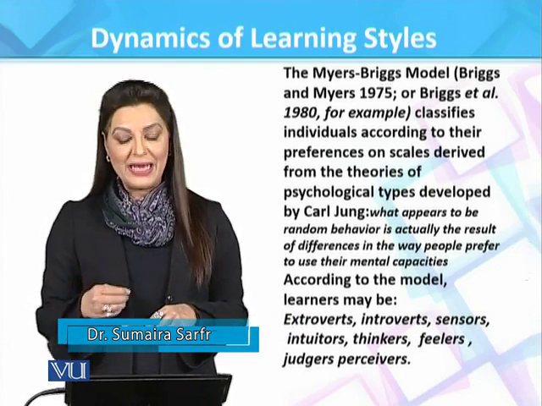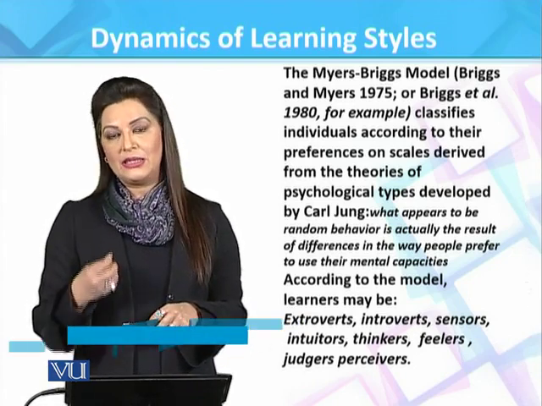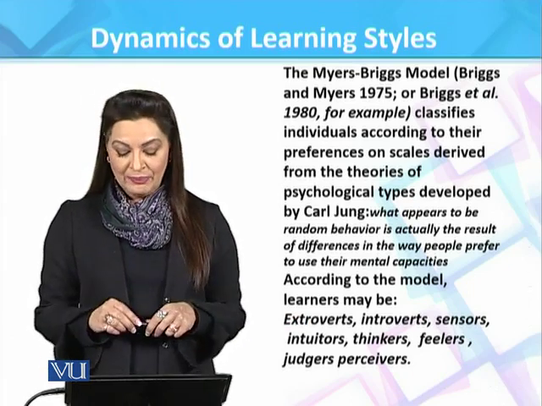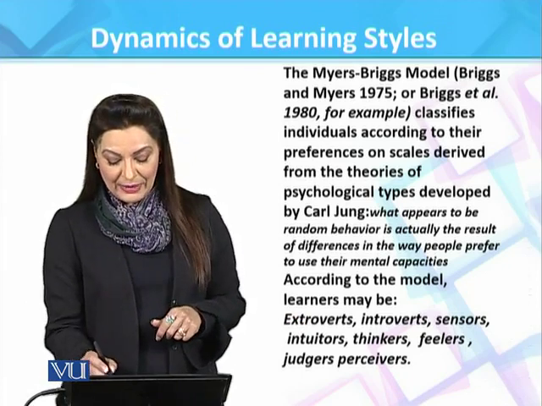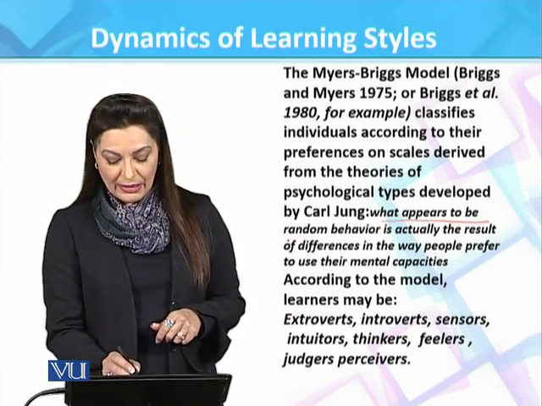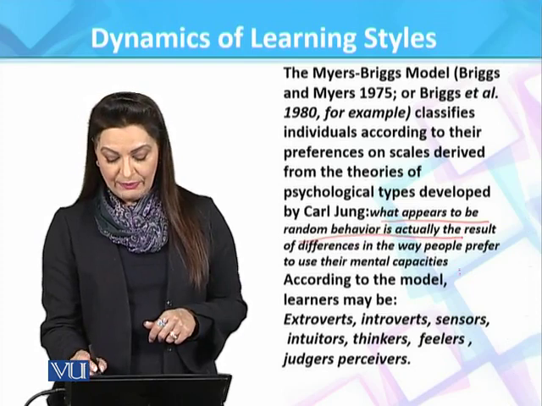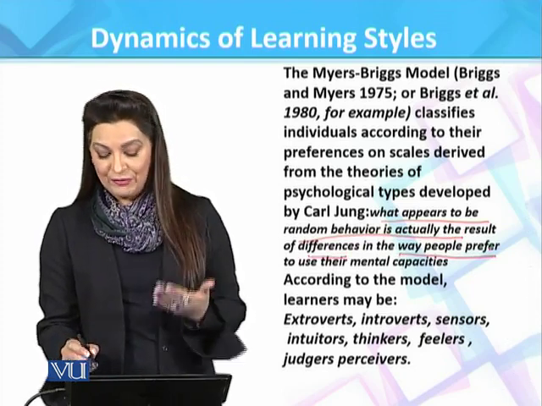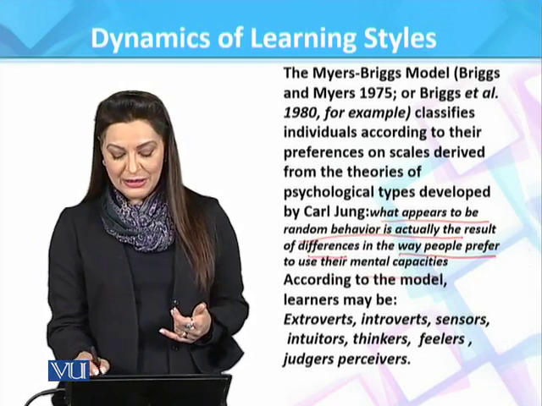Now, Myers and Briggs developed a model based on the psychological study conducted by Carl, who believes that what appears to be random behavior is actually the result of differences in the way people prefer to use their mental experiences.